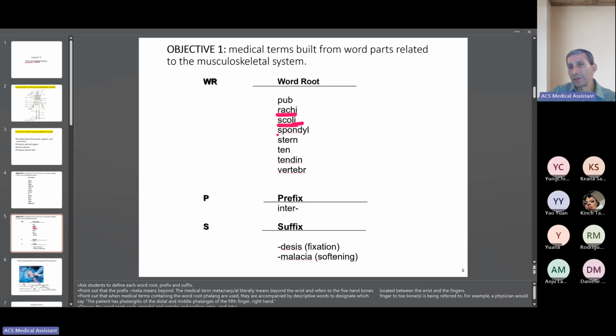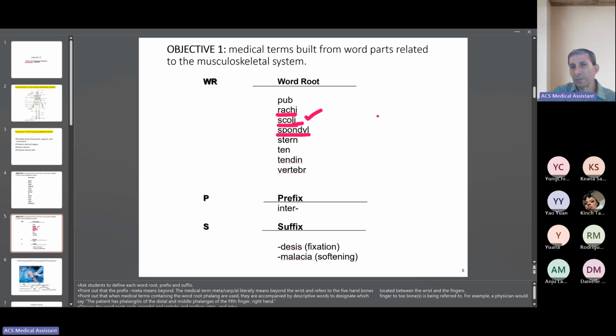This is another one that means spine or spinal column, spondyl. Now, if you need to remember something from here, it's going to be scoliosis. Anything else, not so common.